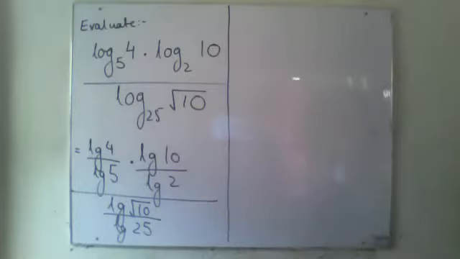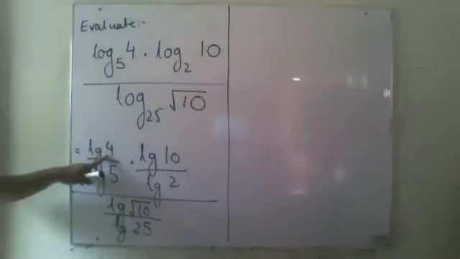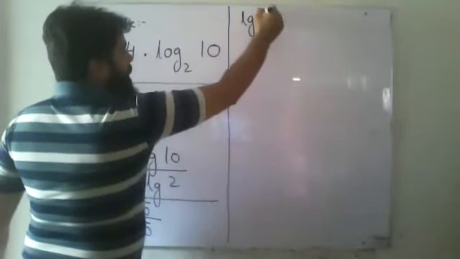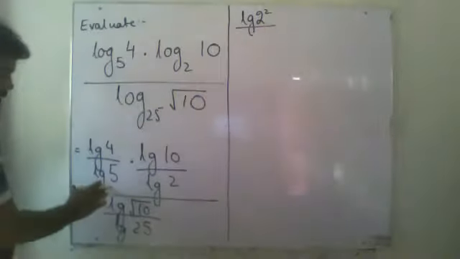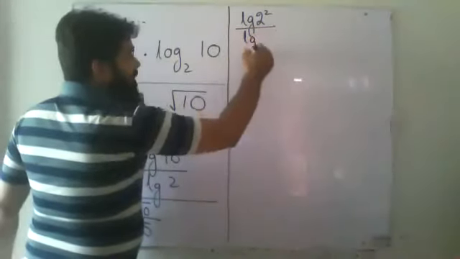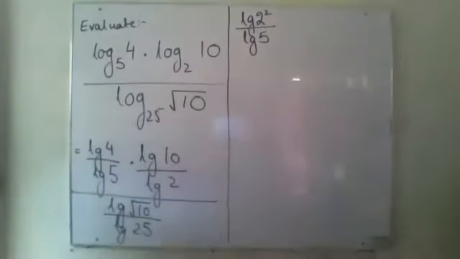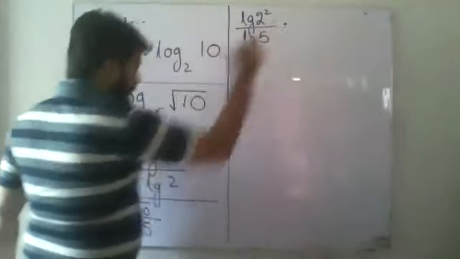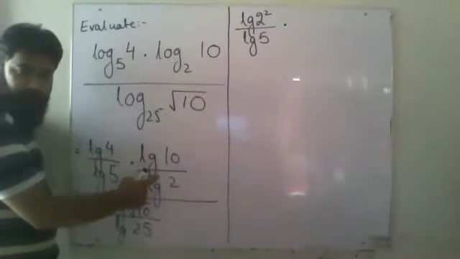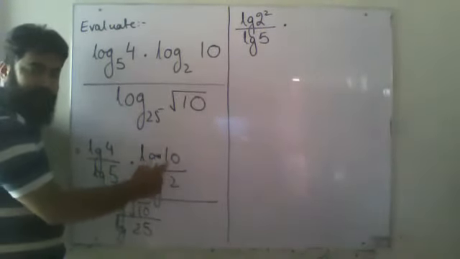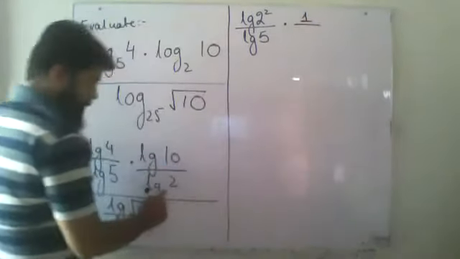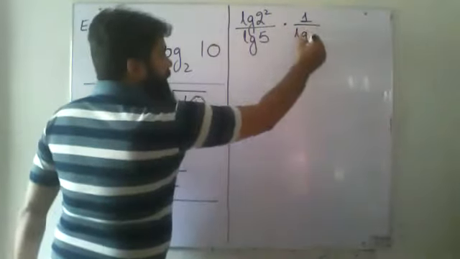Now, what I can do over here, this is written lg 4. So lg 4 can be written as lg 2 square over lg 5. Then lg 10. I know that lg has base 10, so if base and multiple are same, the result will become 1, over lg 2.